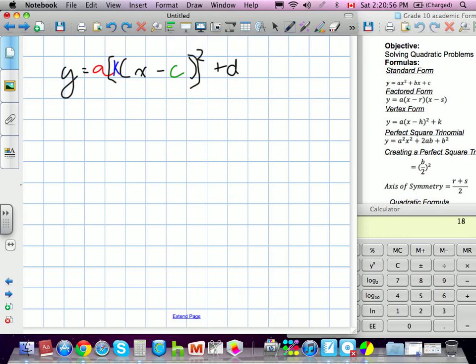We know A deals with vertical stretches and compressions, where if A is greater than 1, it's a vertical stretch, right? If A is between 1 and 0, it's a vertical compression.